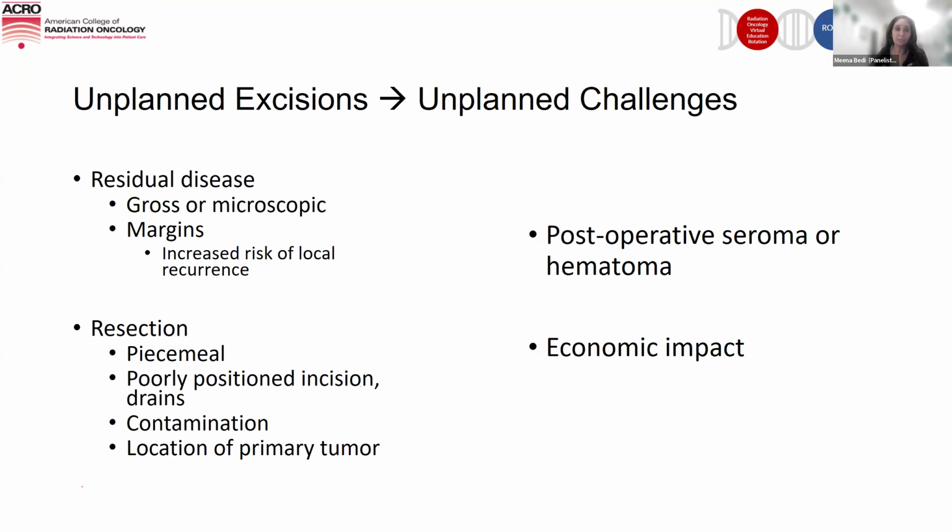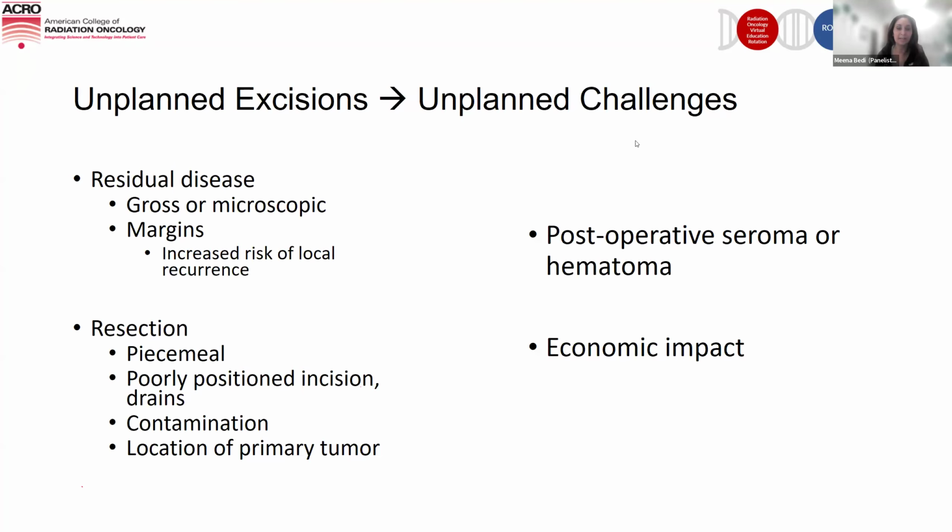The location of the primary tumor oftentimes plays into whether it's piecemeal, if there's going to be contamination, or where you put the drains. Oftentimes you'll have post-operative seromas or hematomas, which can harbor microscopic cells. And then there's certainly also an economic impact to these unplanned excisions.